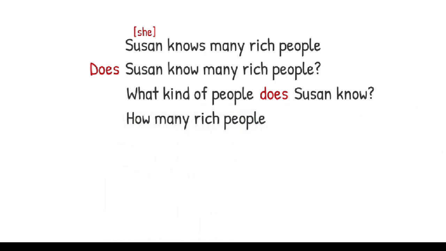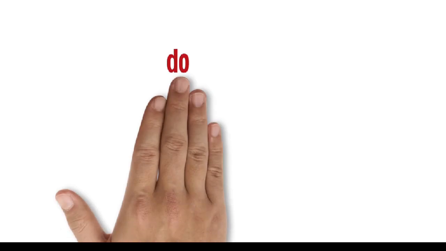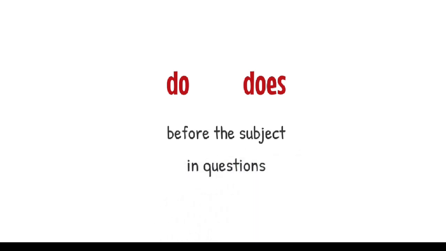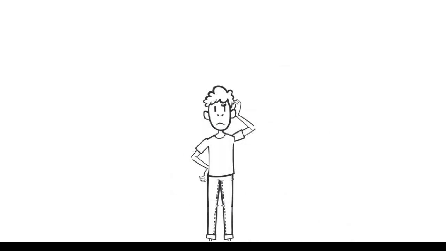How many rich people does Susan know? As you can see, we put the auxiliary verb do or does before the subject in questions in simple present.